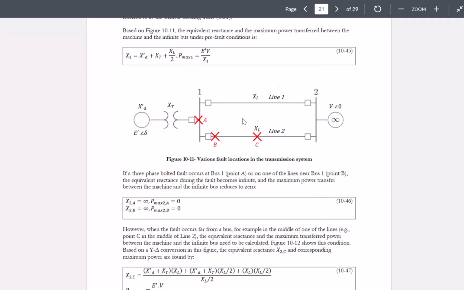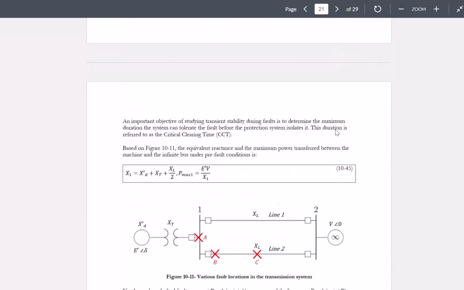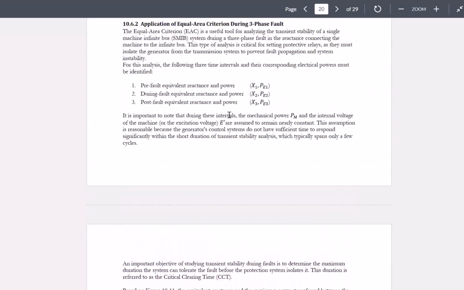So if that equivalent reactance between this internal source and the infinite bus is infinite, it means you cannot transfer any more power. So you cannot remain under fault conditions always. If you remain under the during-fault equivalent reactance and power, then you will certainly lose stability.